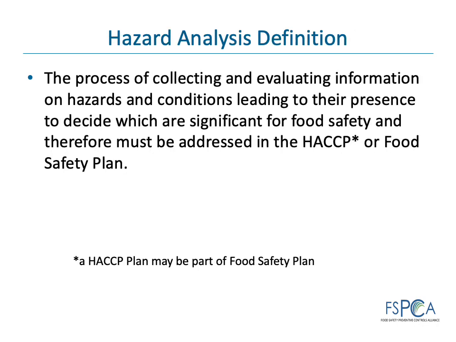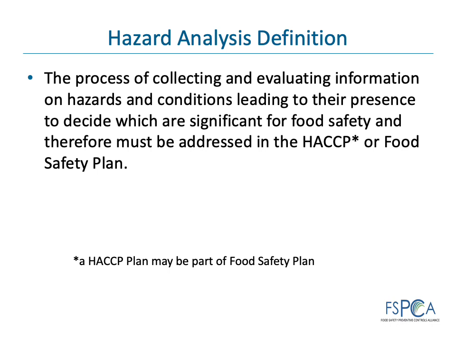For this course, hazard analysis is defined in the slide. The purpose of the hazard analysis is to develop a list of potential food safety hazards and then determine the hazards requiring a preventive control because they are reasonably likely to cause injury or illness in the absence of control. Once these hazards are identified, then preventive controls that are essential to prevent illness or injury can be determined.